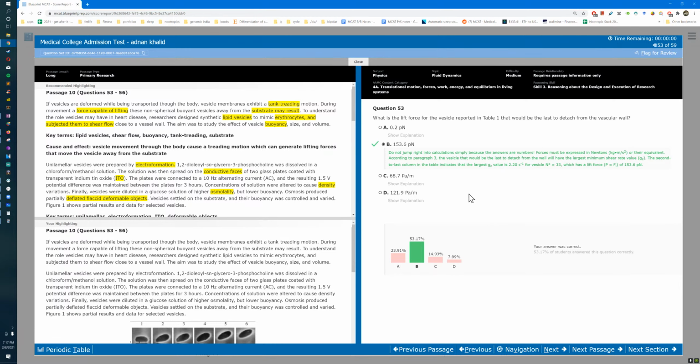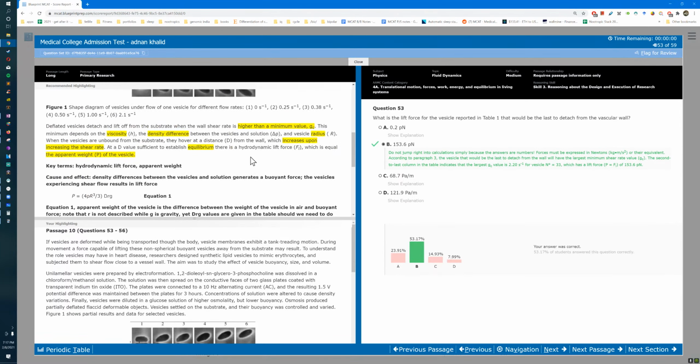So that'll just give me newtons over cubic meters. That's not it, they're asking for lift force. Force is always in newtons. So these two are out. Now we're just looking at these two because these are in piconewtons.